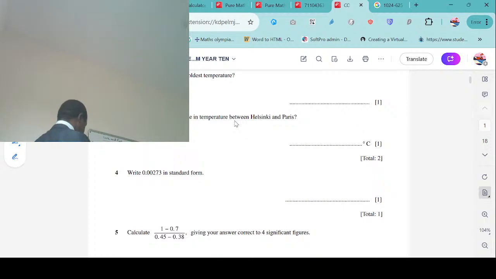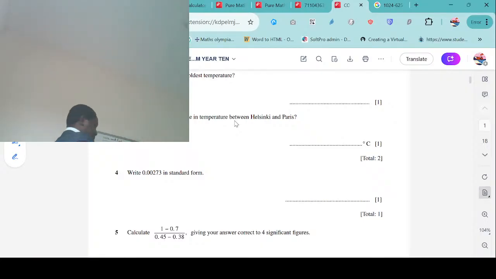The next question is standard form. It says write the following in standard form. So write 0.0273 in standard form. In standard form, it means you shift the decimal point.